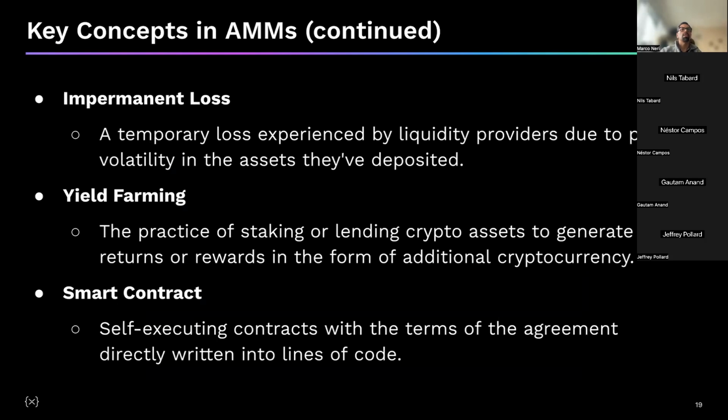So the impermanent loss. Yeah. If I may, is it possible in our project to eliminate the transaction fee, or is it something in the blockchain that can be changed? Yeah. So now it's configurable.